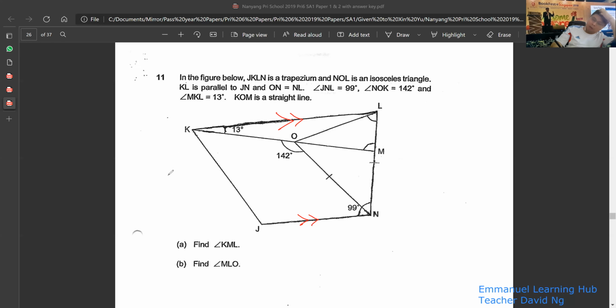If you have parallel lines, then what are the kind of geometrical properties you can think of that involve parallel lines? Like what are the geometrical properties? You understand my question? Yeah.